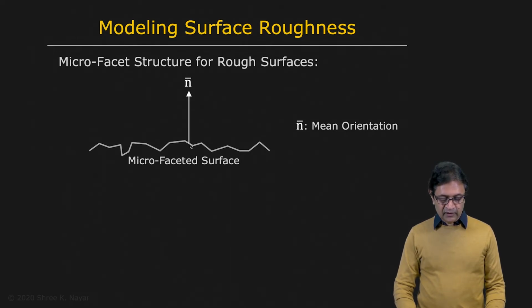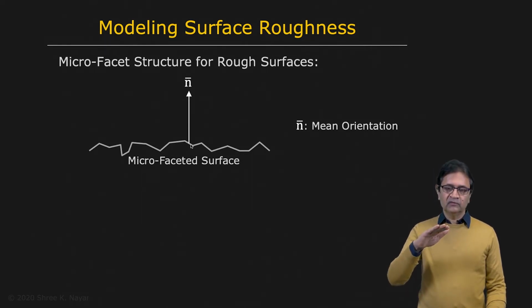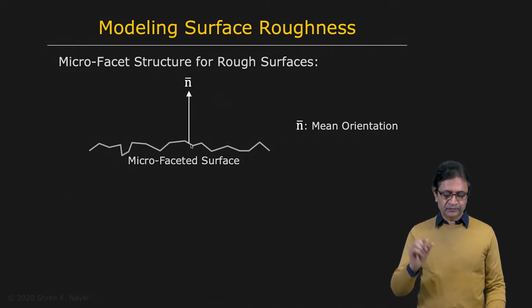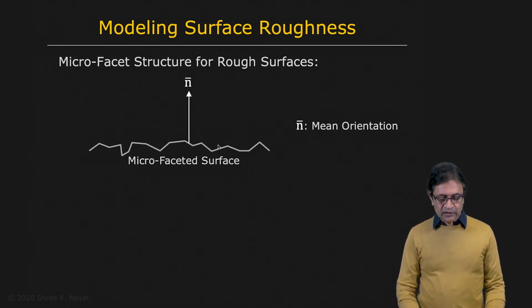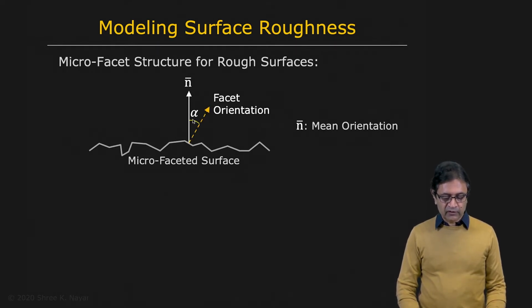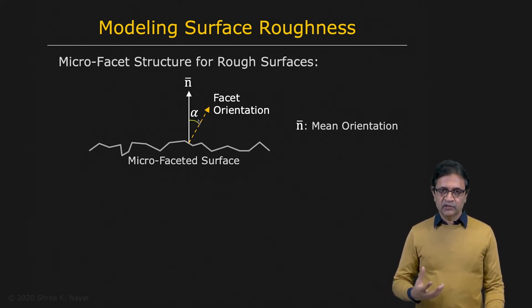So imagine that the surface is made of a lot of these tiny little facets. The surface itself has sort of a mean orientation, which is n, but each one of these facets could have its own orientation alpha. So now you can describe the roughness of the surface using a distribution.